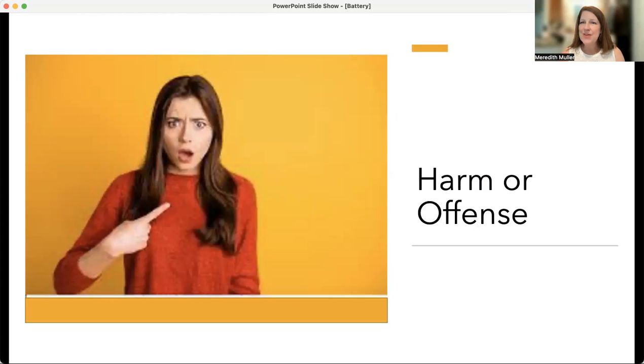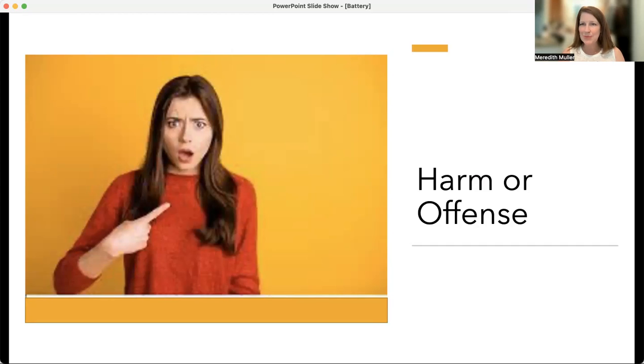Offense is whether a reasonable person would have been offended by the contact. Now, I don't know about you, but if somebody pulled a football away from the ground as I was trying to kick it, even if I'm not hurt by falling on the ground, I would at least be offended.